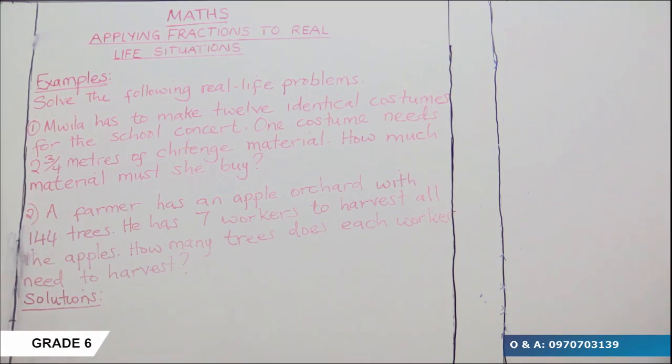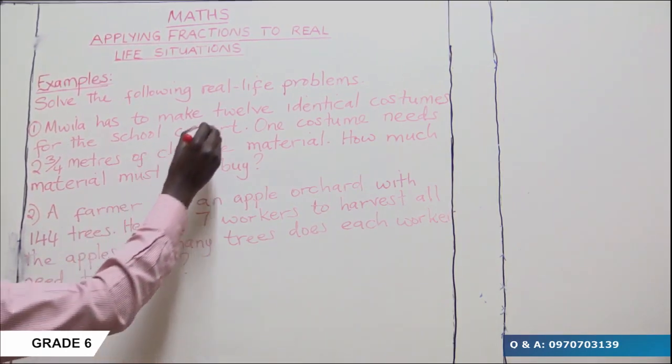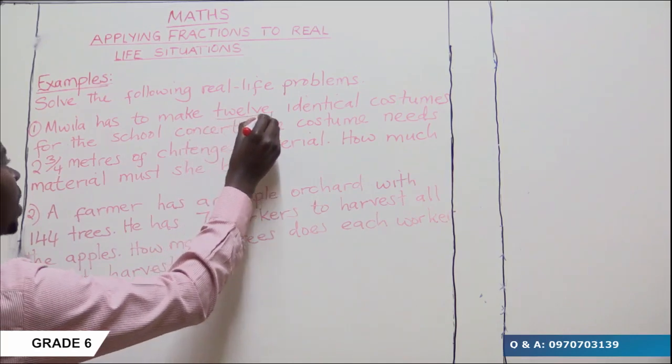So boys and girls, what are we going to do for question 1? For question 1, we are going to multiply. What are we going to multiply? We are going to multiply 3/4 times 12.